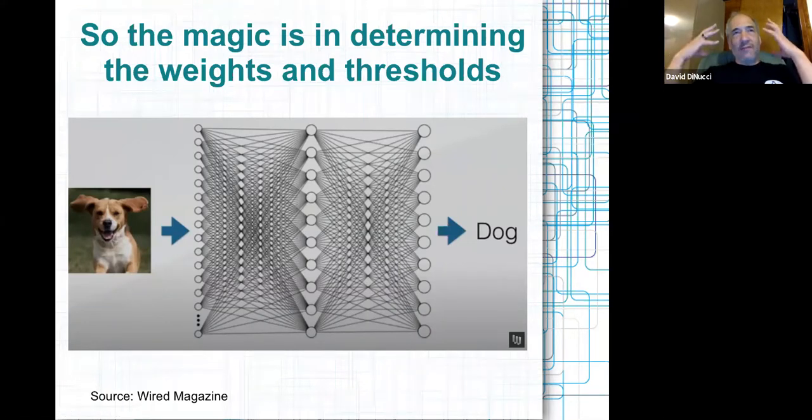So I told you about what's going on in the brain, and I told you about how computers really work, which isn't anything like the brain. And now we've come up with this model of neural networks. One way to go about this would be to start a new industry that develops a new way to produce computers that look just like the human brain and work like the human brain. That's a whole lot of work, a ridiculous amount of work. Instead, we've already got these computers sitting around.